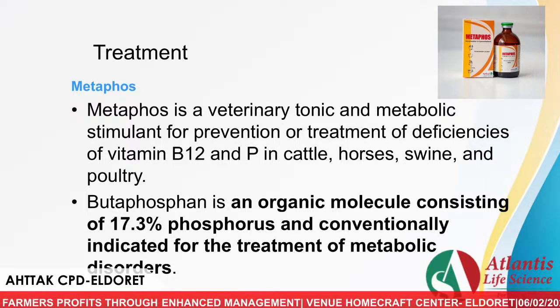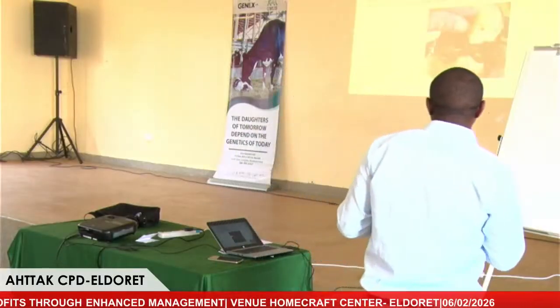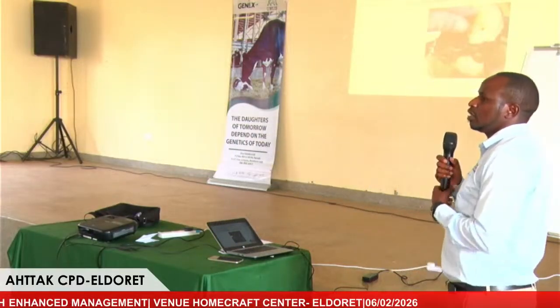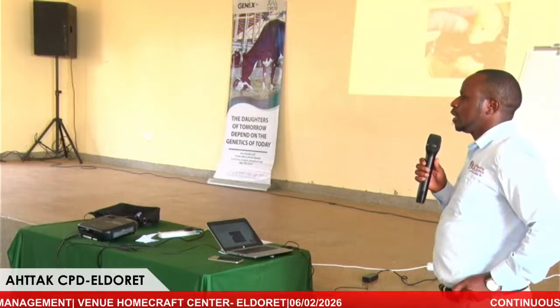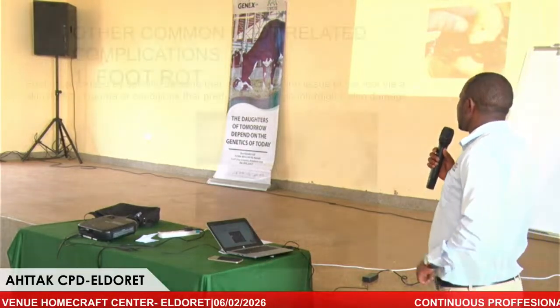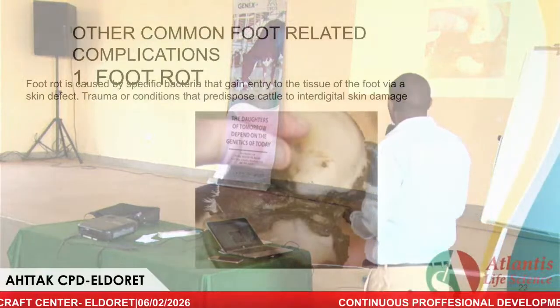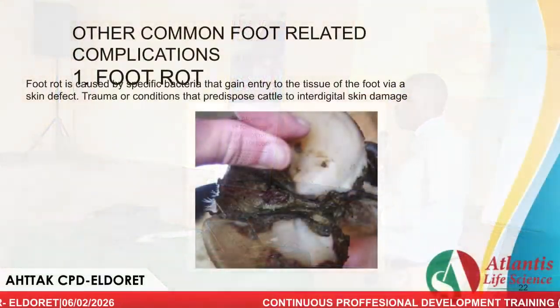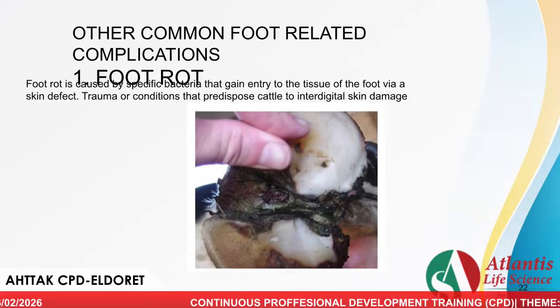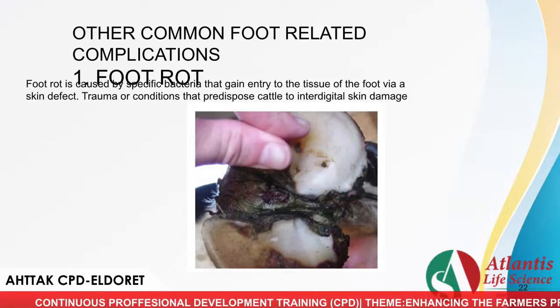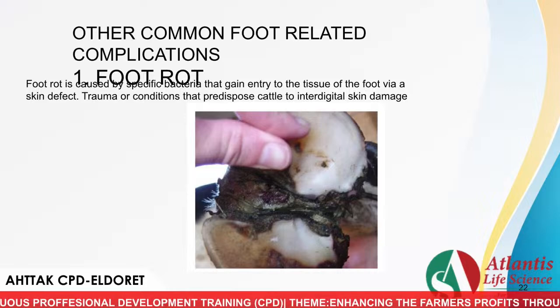Okay, so much has been said about laminitis. Remember, we are talking about lameness in animals, and so we have other several factors that may cause lameness in animals. It's not only laminitis.